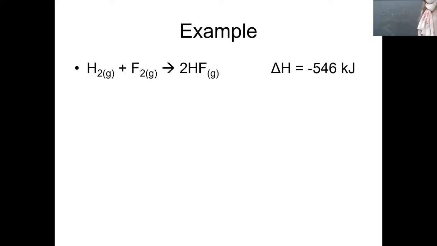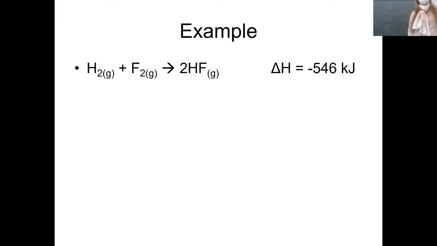Simple reaction between hydrogen and fluorine, both diatomics, both have single bonds between them. And we're going to form hydrogen fluoride, also a single bond. So this keeps this nice and simple. If I were to look this up on a table of thermodynamic reactions, like we have in the back of our book, and we talked about them briefly in chapter 5, I would find that this reaction is negative 546 kilojoules per mole.